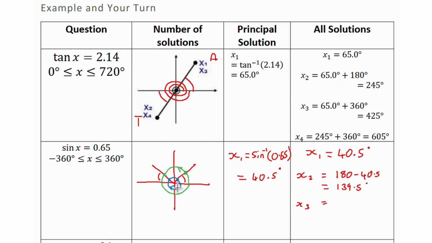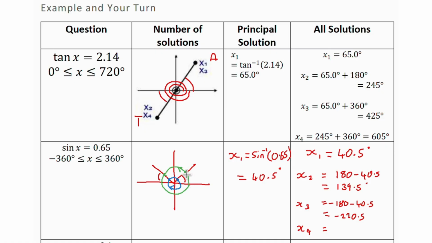My third angle is going to be the blue one working backwards. My first one is going all the way back to minus 180 and then minus another 40.5. So minus 180 minus 40.5 gives me minus 220.5. And finally, x4 is going to be going nearly all the way back to minus 360.